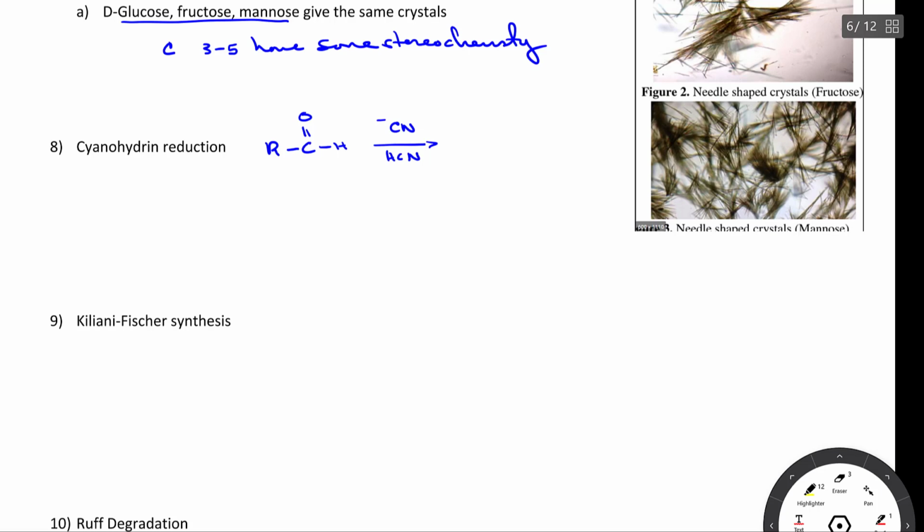And it doesn't really matter how you get this combination, but it's a trace amount of CN minus. So in essence, you have to have a pH that's close to its pKa, which is close to 9. And when you're close to that, you have a small amount of that cyanide ion present, and predominantly HCN, and your product will be this.